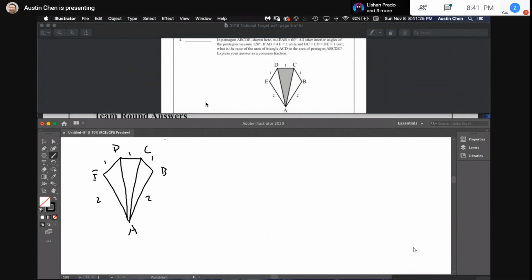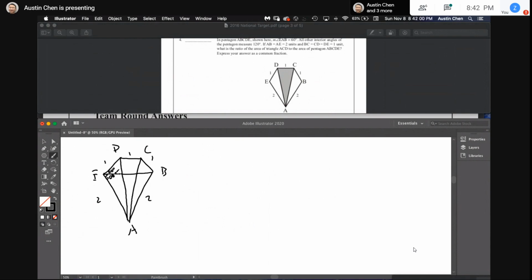Okay, so we can try to find the height of the triangle, right? So what we could do is draw a line right here. This angle is 120 degrees, right? This line is going to separate the angle into 60 degrees and 60 degrees.